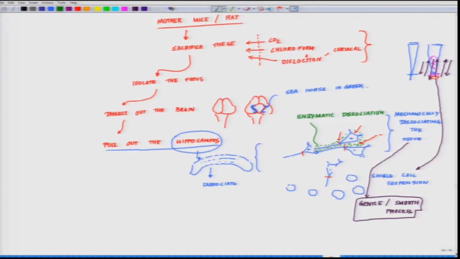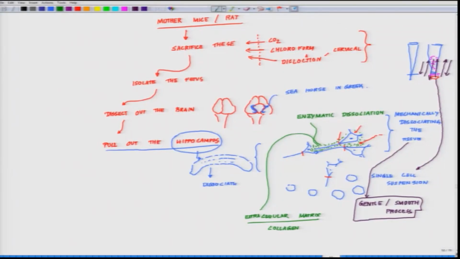Enzymatic dissociation essentially means, say for example, the extracellular matrix has collagen. We have already talked about collagen, you remember. So, what will I be using to break this collagen?